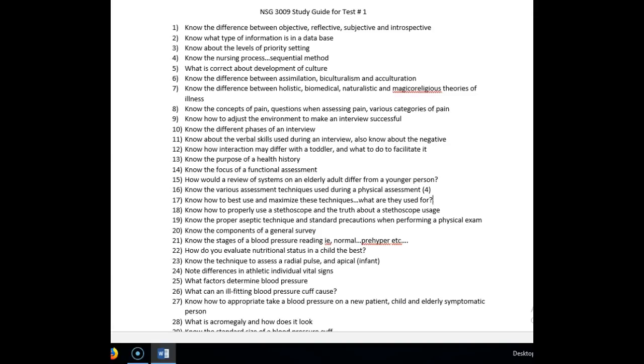So it's very important for you to know that in that particular order, A, D, O, P, I, E, what it stands for, and what you would be doing in each of those situations.